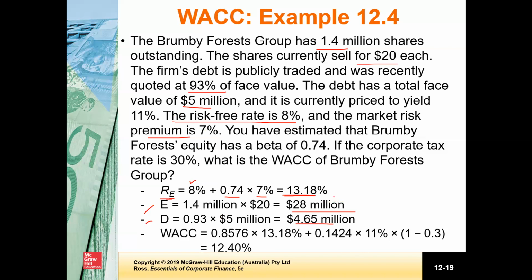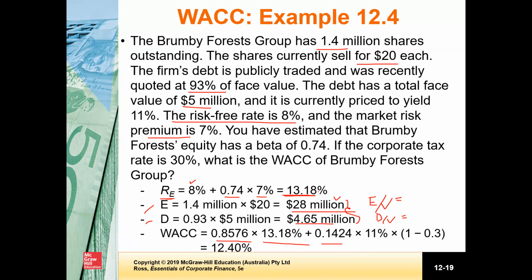If we sum them up, we get the total value of debt and equity, and equity divided by total value will give us a percentage, which is 85.76%, and debt divided by total value gives about 14.24%.